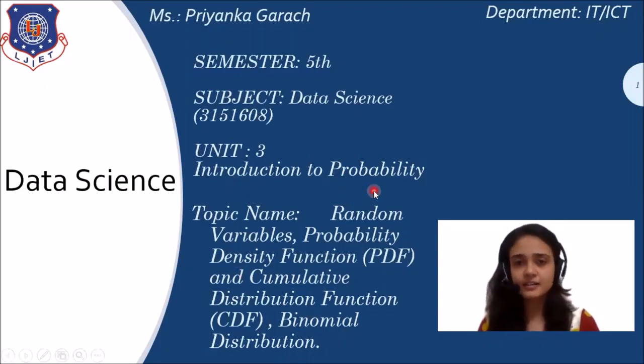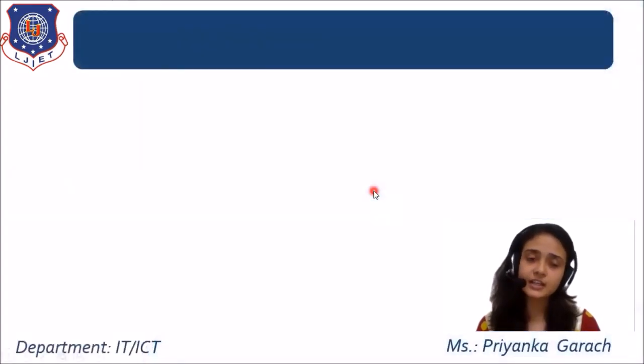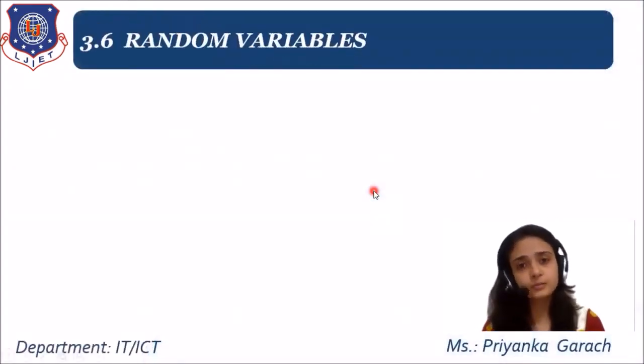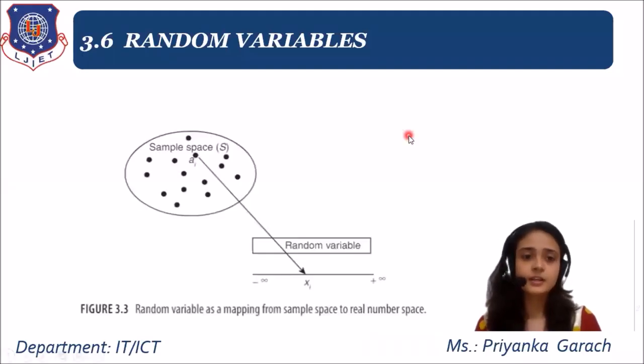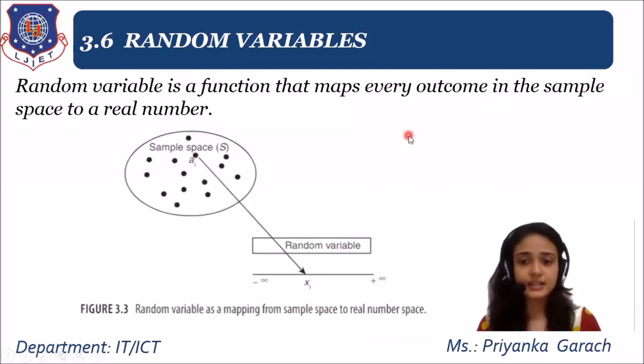So let's get started. First of all, we will see what random variables are. A random variable is a function that maps every outcome in the sample space to a real number. This is my sample space and these black dots show every possible outcome.